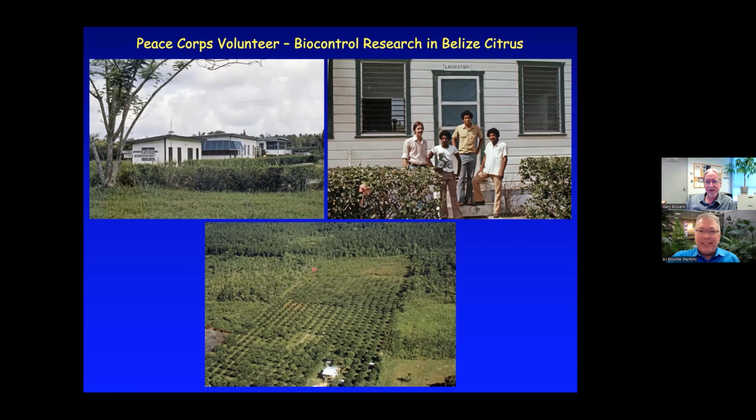Most of the citrus there is grown by small growers that just have a few acres and their house there. So the Mexican fruit fly was a big problem, a pest there. And we were working on parasitic wasps that were capable of injecting their eggs in and killing the larvae of those insects. Right, it's like a biocontrol.